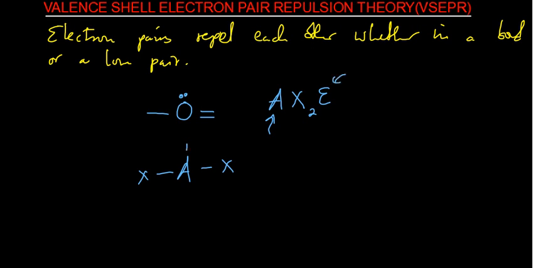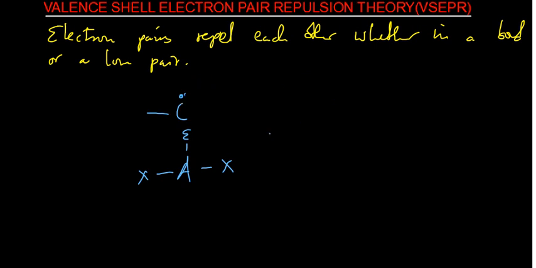So you've got E on top there. A lone pair is supposed to have 2 electrons, and then we have those bonds in the 2 directions like that. So generally we can write it like that.